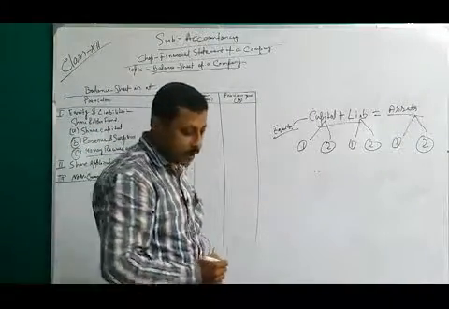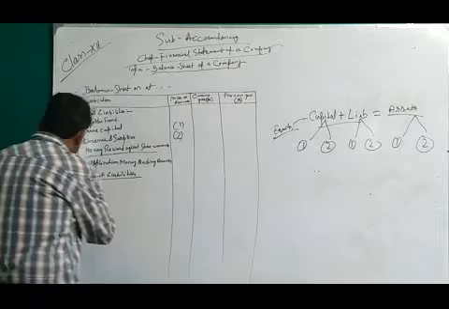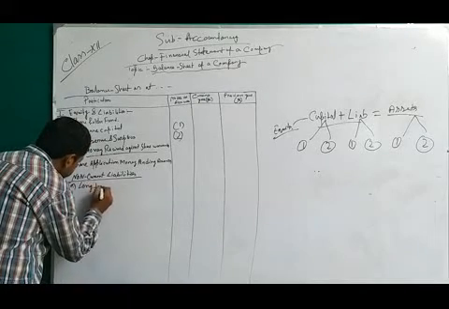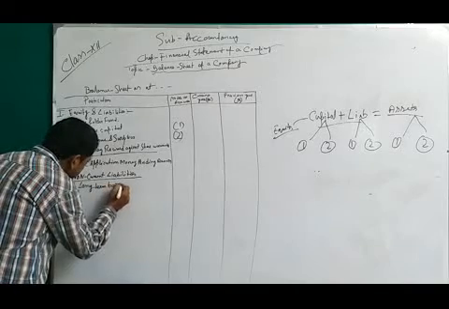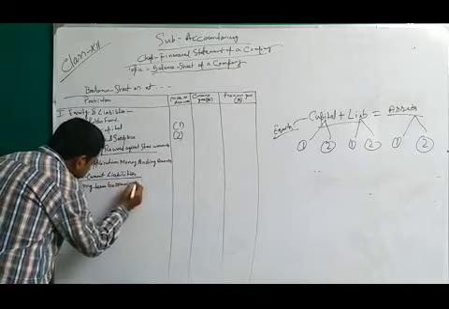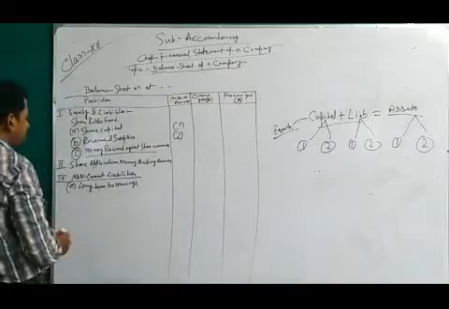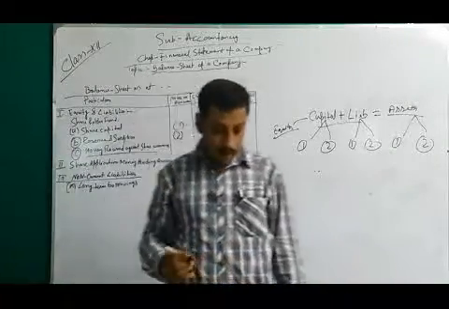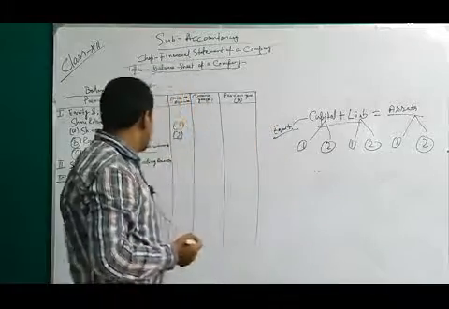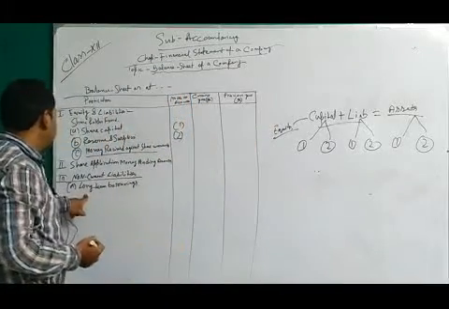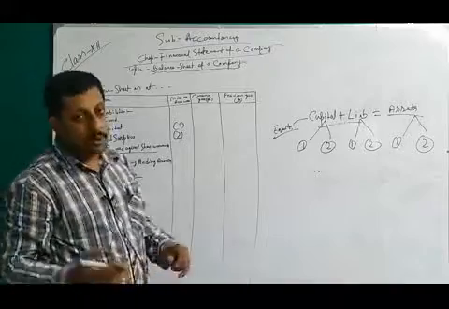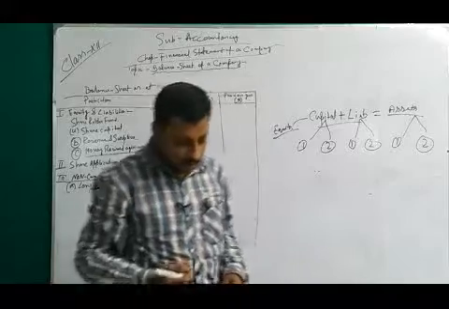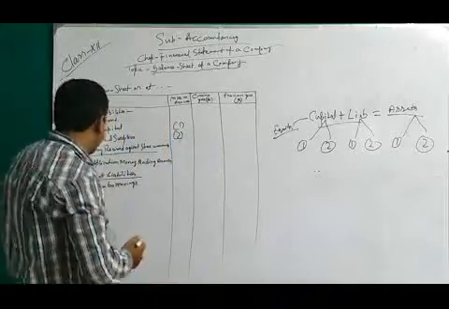First is long-term borrowings. What is long-term borrowings? Long-term borrowings means when you take a loan for a long time, in the form of cash. Now second is deferred tax liabilities.